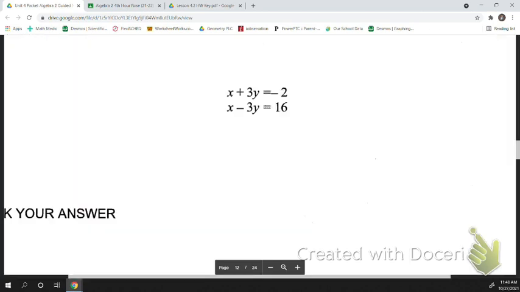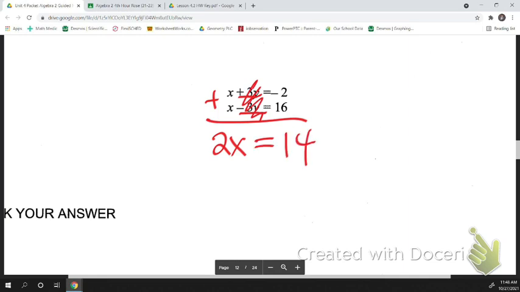Because we've got this negative 3y and positive 3y, when I add my equations together, the y's eliminate, which is our goal for elimination. And now I have a one variable equation that I can solve for x. Again, if you don't eliminate a variable, something went wrong when you're using this method.